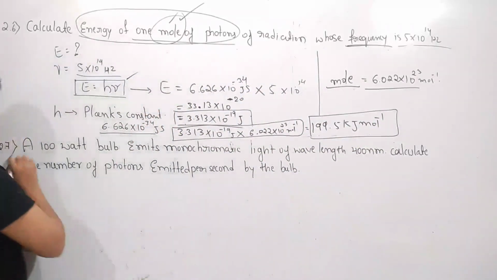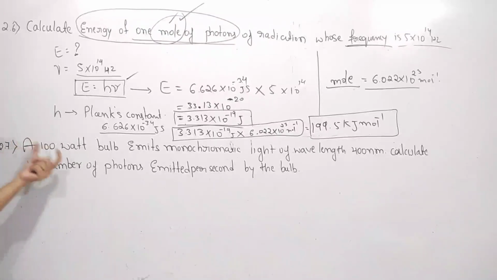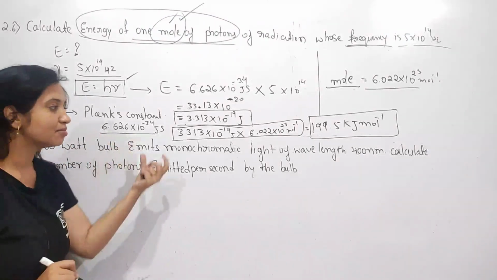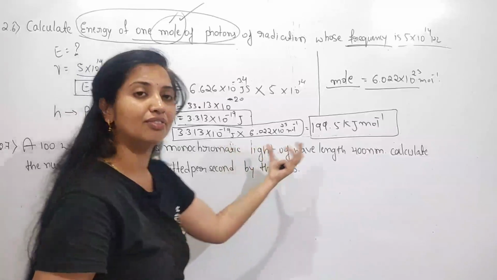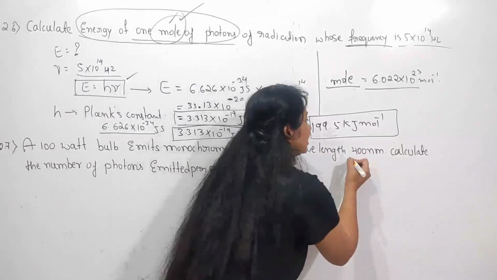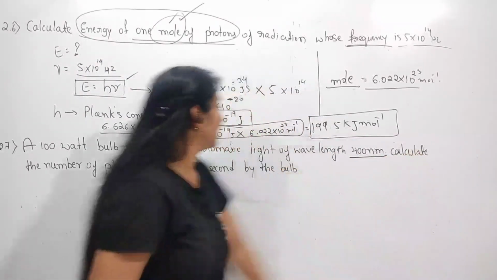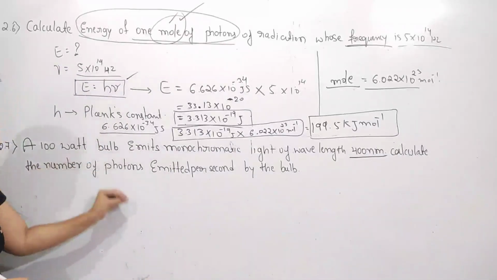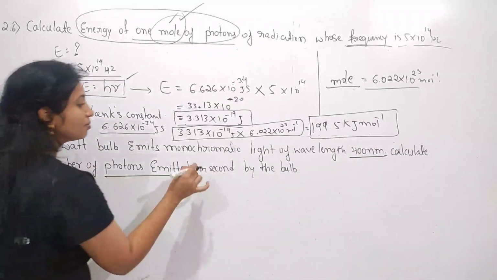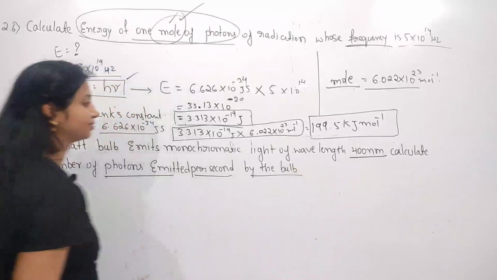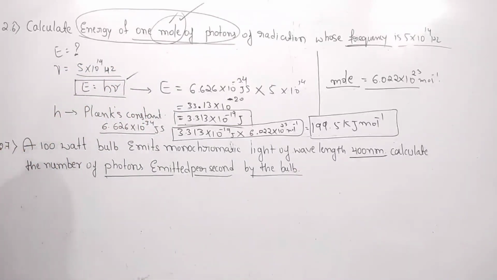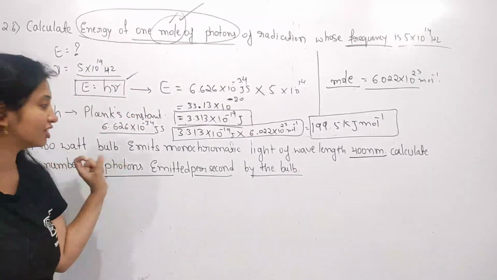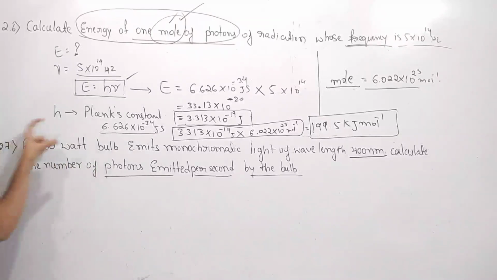And next question is, a 100-watt bulb emits monochromatic light of wavelength 400 nanometer. Calculate the number of photons emitted per second by the bulb. So what are we asked, and what data is given to us here?